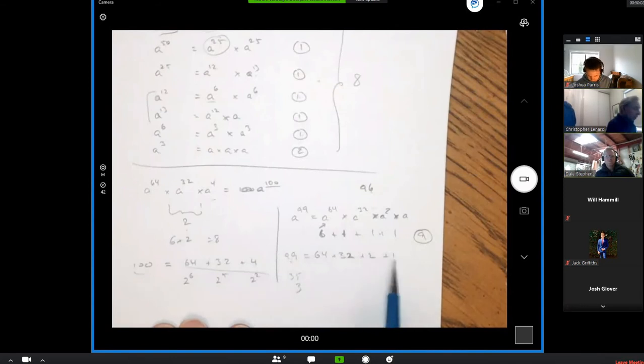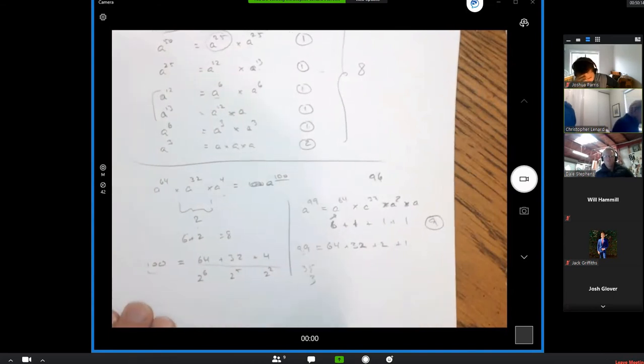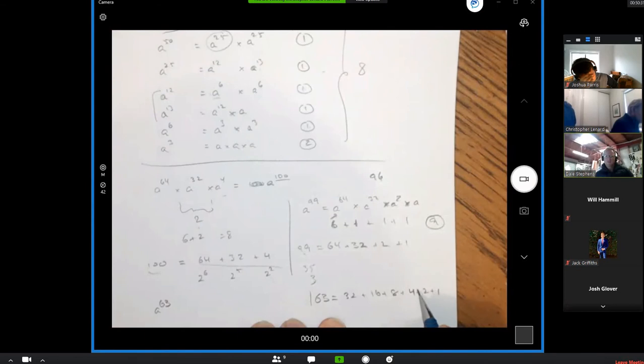So the worst one that would happen is, let's see, for this, a to the 63. And the reason being is that 63 is 32 plus 16 plus 8 plus 4 plus 2 plus 1. So if you want to build up 63 using powers of 2, that's the only way that you can do it.